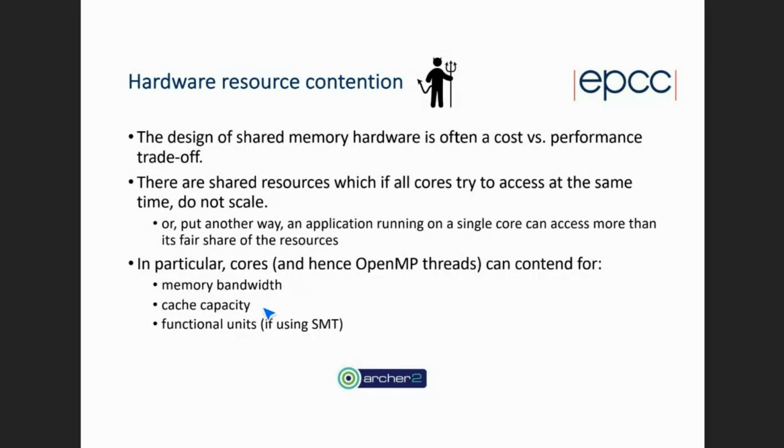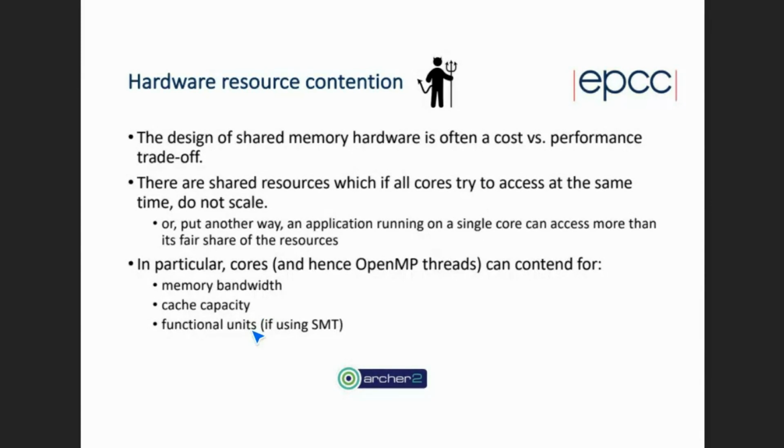If there are shared caches, you can contend for cache capacity. For these shared caches, if we have one thread running, then it is probably able to use the whole cache, whereas if we have multiple threads running, then they have to share it.